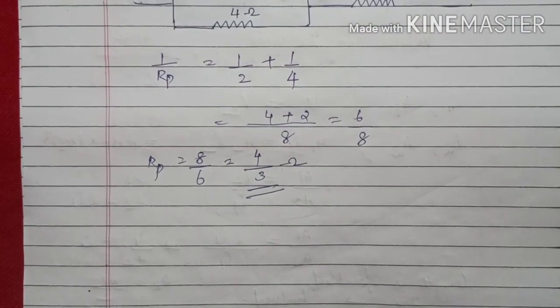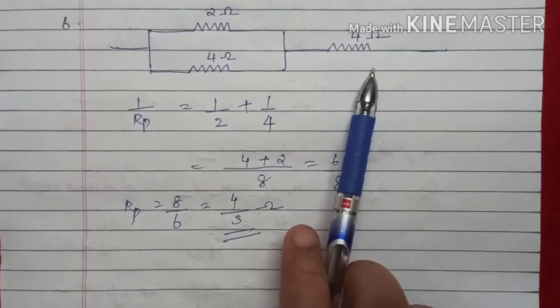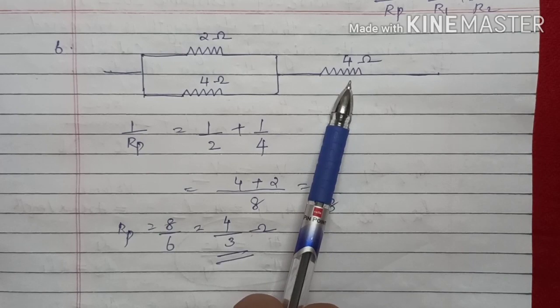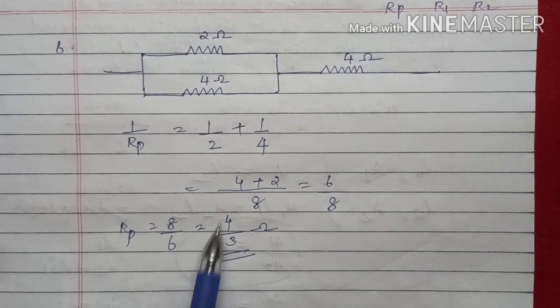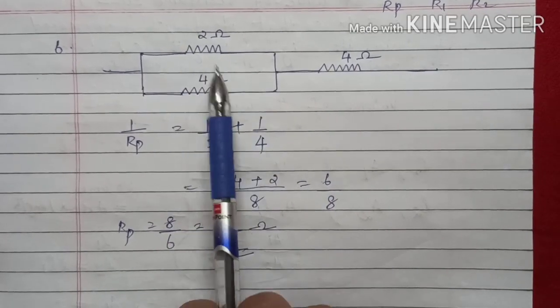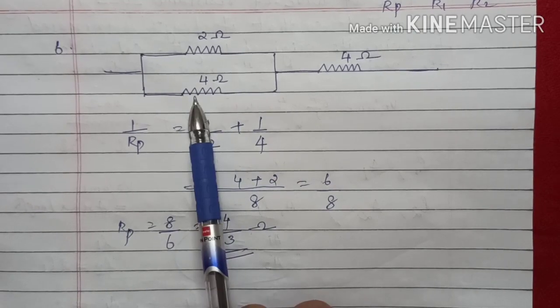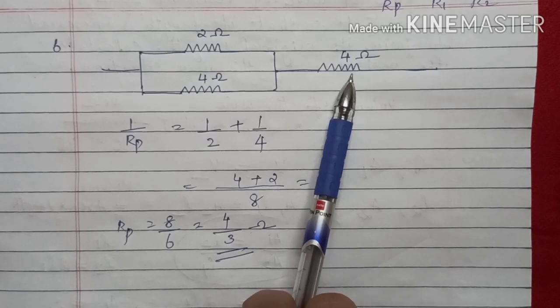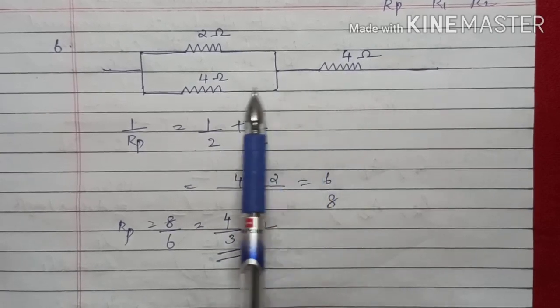Then we will move to the second part, that is we have one more resistance here. It is 4 ohm. So we have to add this 4 ohm with 4 by 3. Why? Because now you got an equivalent resistance here. So this resistance that you got here and this 4 ohm are in a series combination.